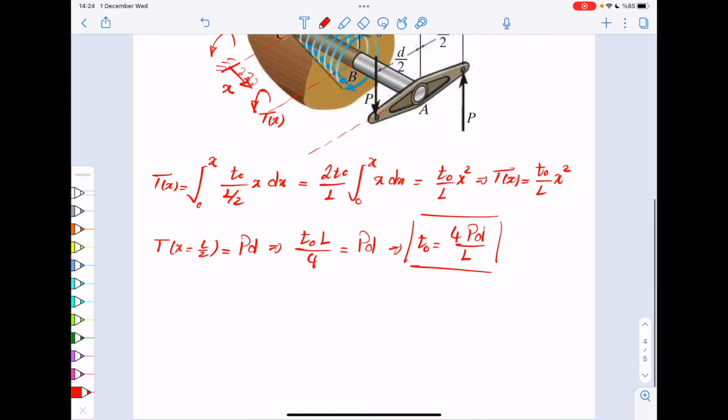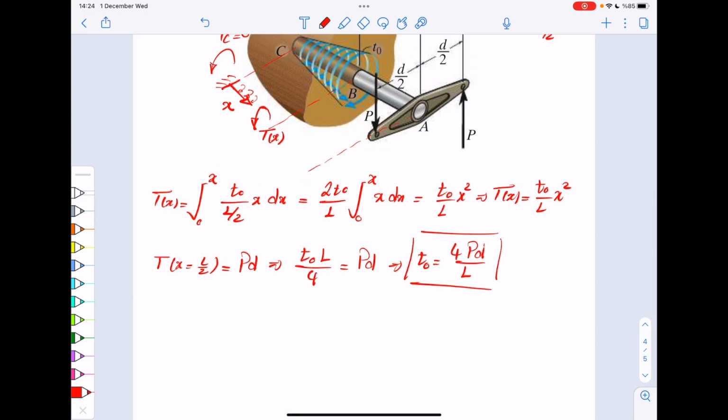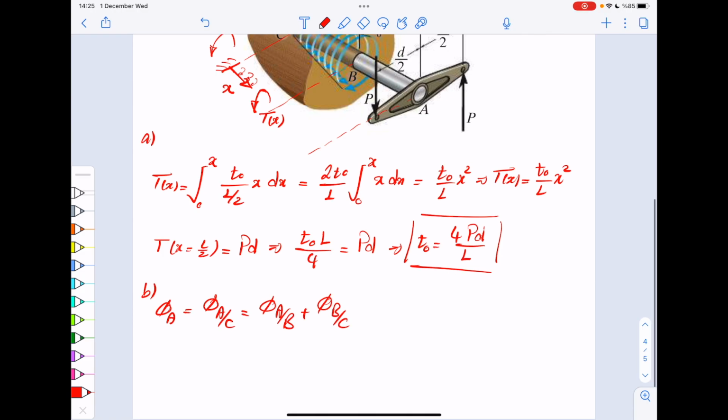So angle of twist at A, so that was part A, and part B, you want angle of twist at A, or rather angle of twist of A with respect to C. That would be A with respect to B plus B with respect to C, which is otherwise just phi from B to A plus phi from C to B. So pay attention that both of them follow our plus direction of x coordinates. So there is no complication there.